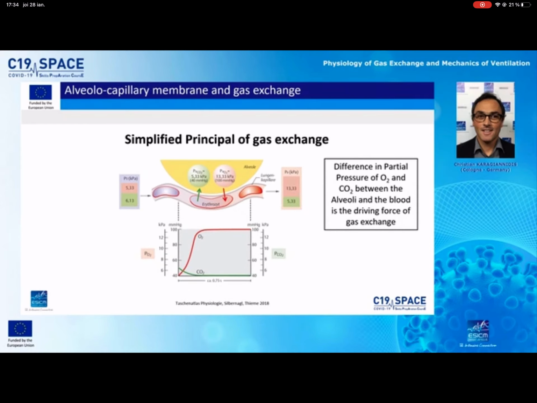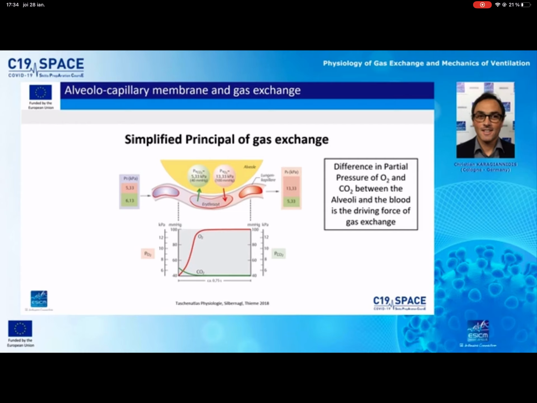In a very simplified model once more, you see that the gas exchange usually occurs for CO2 and O2, which on one hand is released from the alveoli and goes into the erythrocyte, and in turn the erythrocyte releases CO2, which goes into the alveoli. And these mechanisms are usually very fast in the lung.